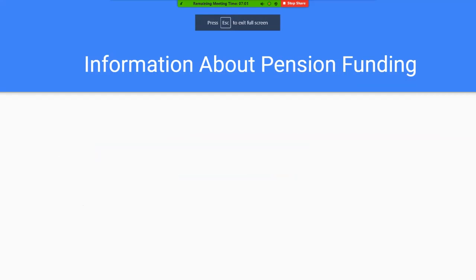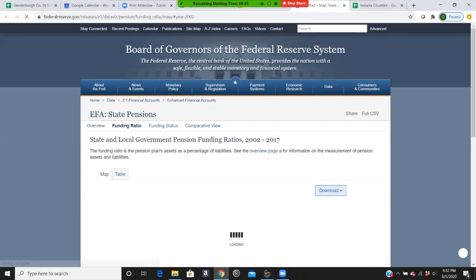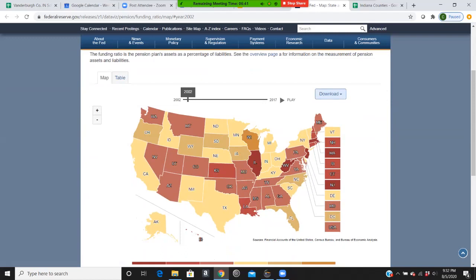Now, I just wanted to hit on this a little bit, but we're going to look at how your state pension is funded. This is a map that the Federal Reserve puts on their website, and it shows the percentage that every state pension is funded.